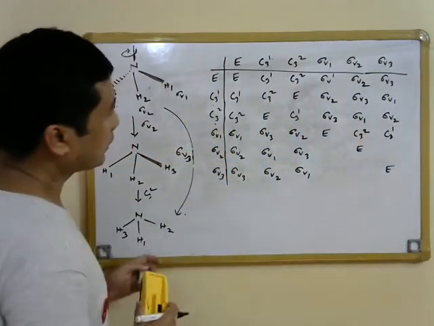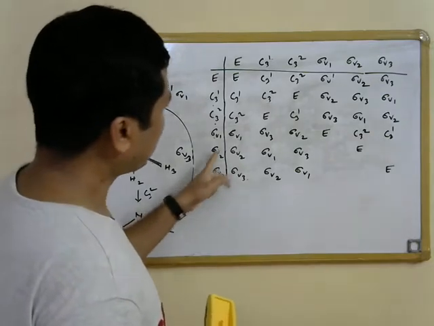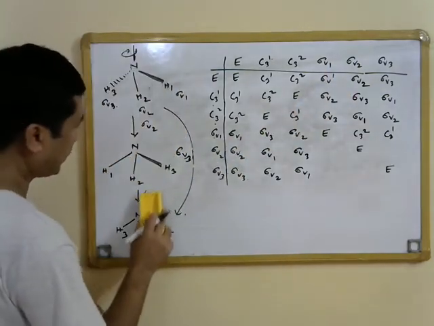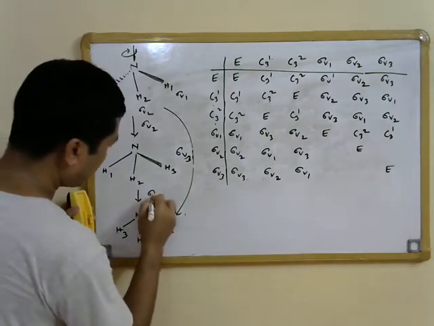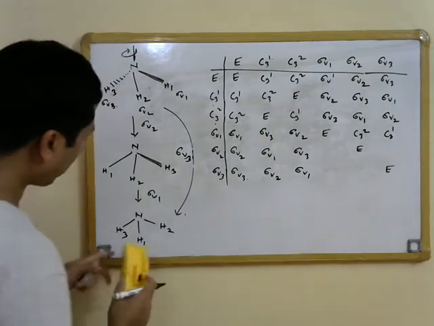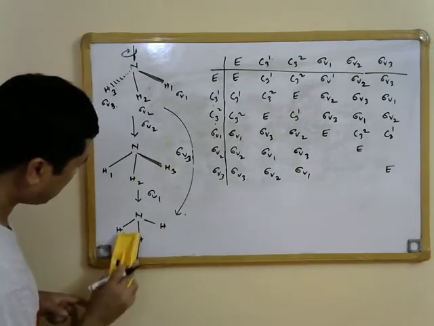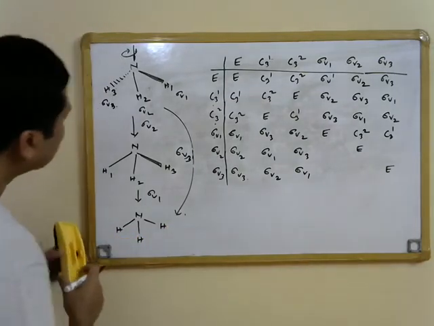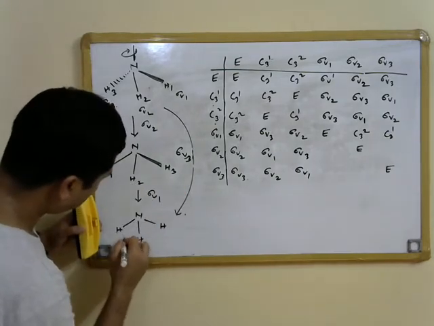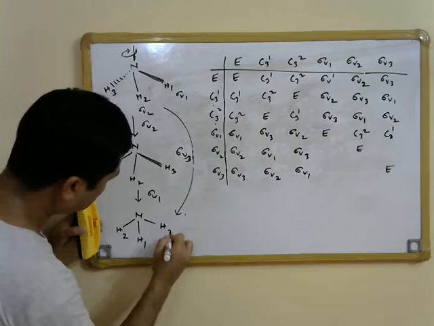So then we are left with sigma V2 sigma V1. Let us do sigma V2 sigma V1. So when we do sigma V1 over here, this is H1, this is H2, and this is H3.